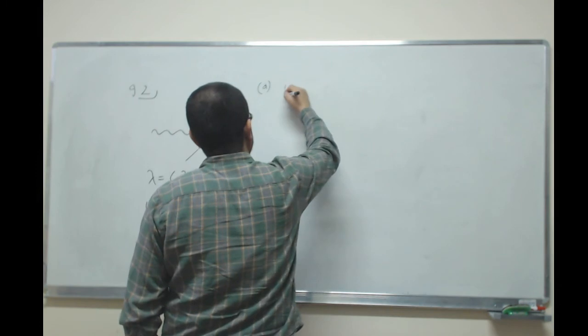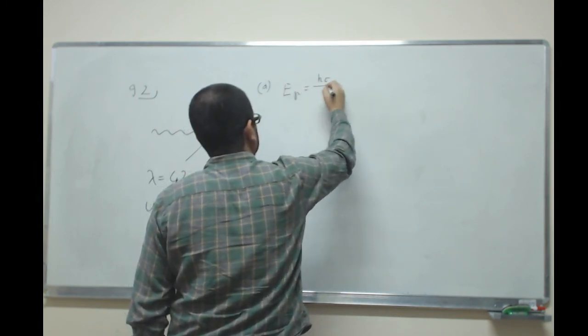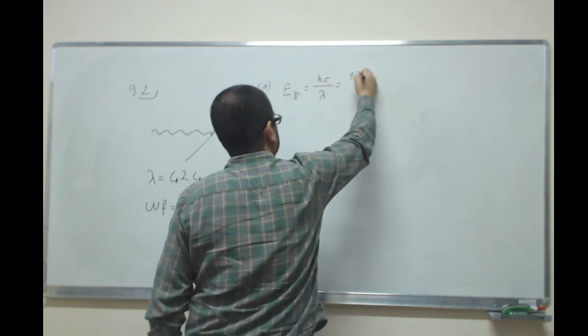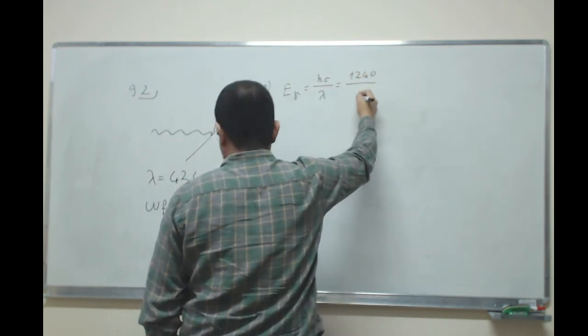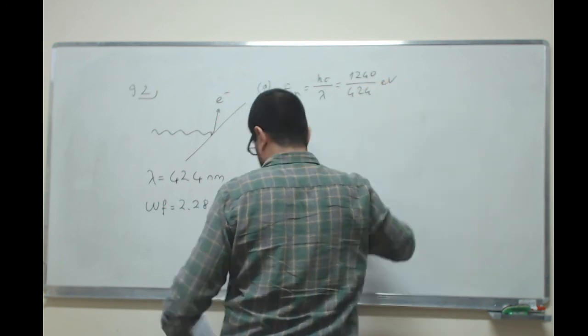So the energy of the photon is hc over lambda. This is 1240 by 424 electron volts. Did I calculate this?